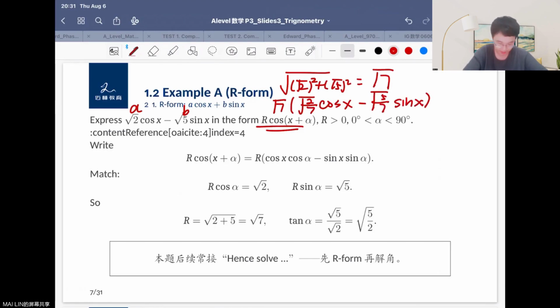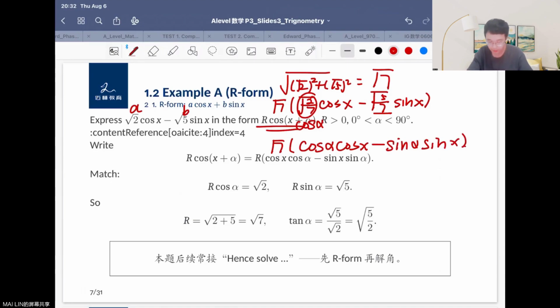We can consider these as cosine alpha and sine alpha, because their squares add up to 1.